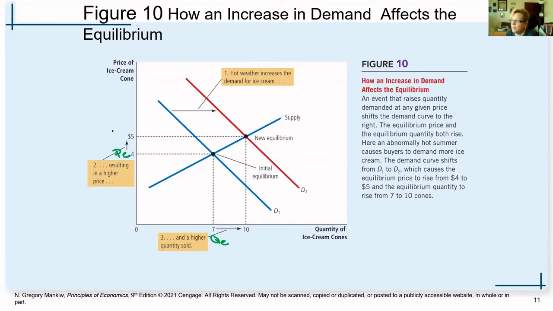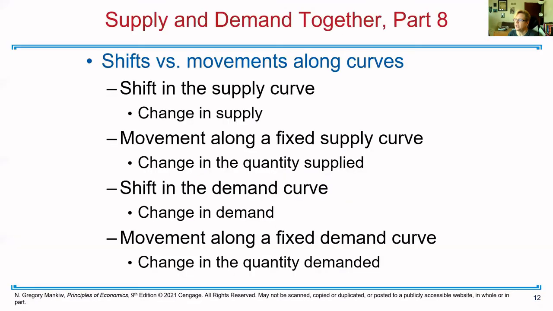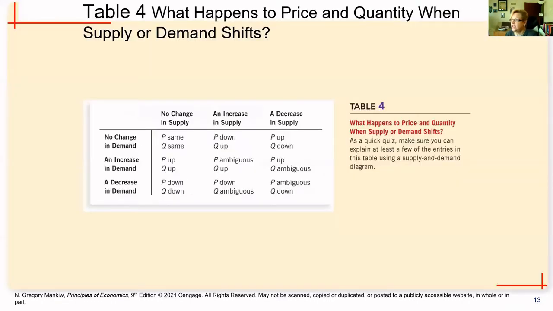Our new equilibrium, I like to call it P sub 1, is at $5, and our new quantity is at 10, so Q sub 1, okay? Now we know there might be other effects which occur, but how much and to what extent? Okay. All right, so notice, and again, coming back to that, it's okay to say ambiguous.